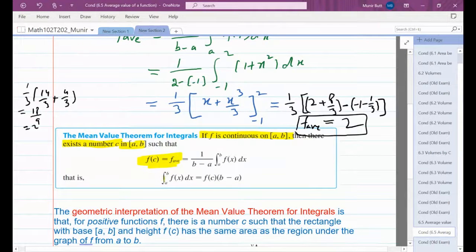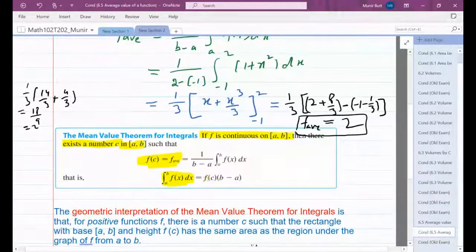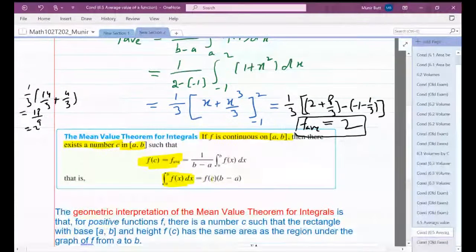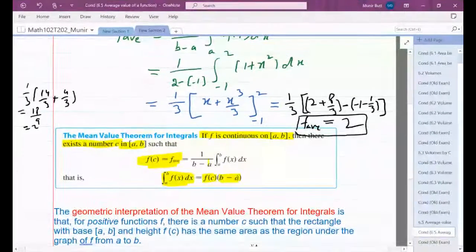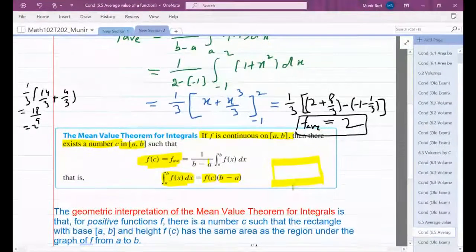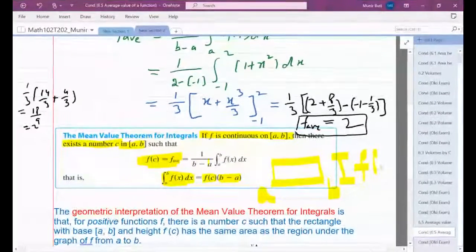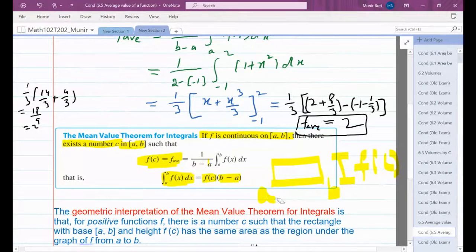And moreover, the area under the curve will be equal to f of c, the vertical height, times b minus a, the x length. So it will be a kind of rectangle. If this is a, this is b, b minus a is the difference, and this height will be f of c.